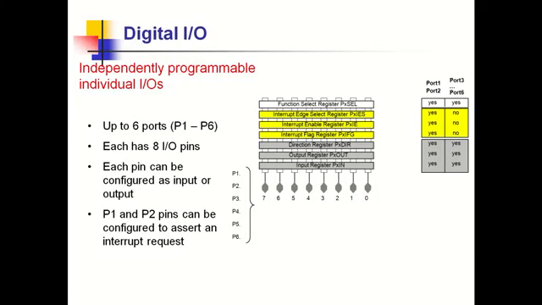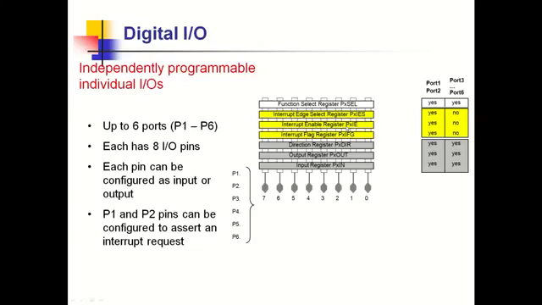And then, as you can see, in yellow color, these registers are meant only for port 1 and port 2, not for other ports. So these are the 3 registers meant for interrupts. Like interrupt edge select register, interrupt enable register, interrupt flag register. So interrupt edge select register will decide the sensitivity of the pin, on what status, on rising edge or falling edge or change of state, on what status the pin should detect the interrupt is programmable with the help of IES register.